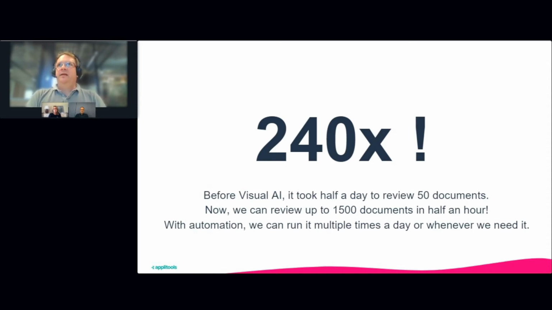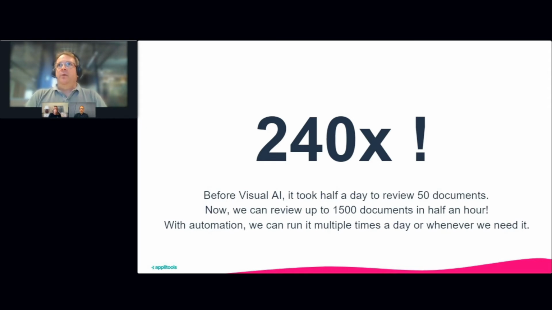What happened at the end is that we had a chance to use this Applitools solution that we already use inside the company for the web application, and use it also for his usage, giving an increase of efficiency over 1,500 documents, and that could be done in half an hour, thanks to the automation and the power of this tool.